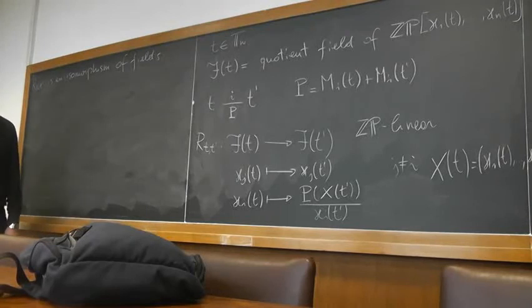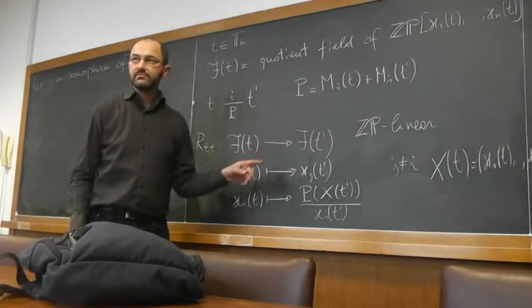It does not contain x. So we can use this map to identify the two fields Ft and Ft prime.